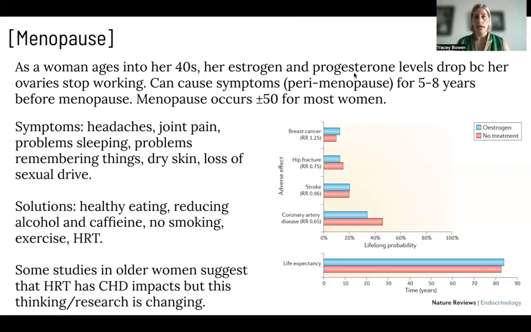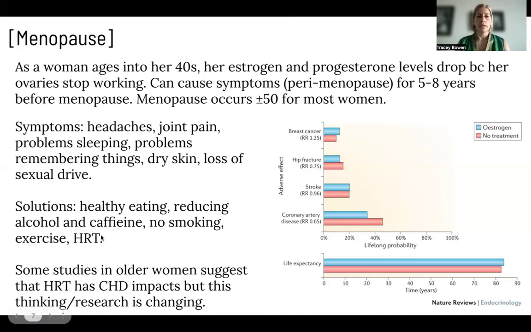And all of these are just related to hormone levels. And so there are solutions to this: healthy eating, reducing alcohol and caffeine, no smoking, exercise. Exercise can really help with, in some cases, some women complain of hot flushes where their body feels just really overwhelmingly hot. So exercising can really help combat that.